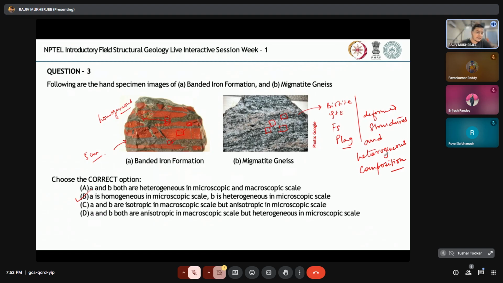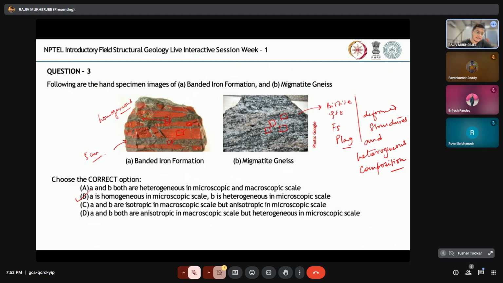If it is deformed, then we say it is meta BIF, right? That means there is a metamorphism that has taken place within this material, and because of that metamorphism, there is certain deformation accommodated within the material, and eventually it will become heterogeneous even in the microscopic scale.